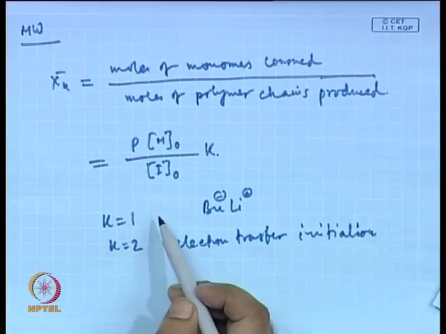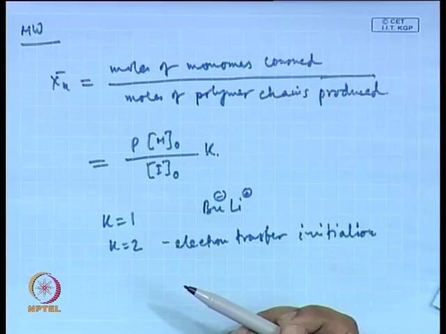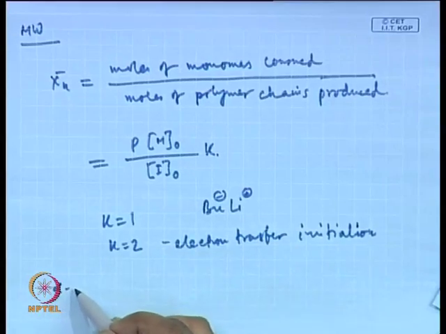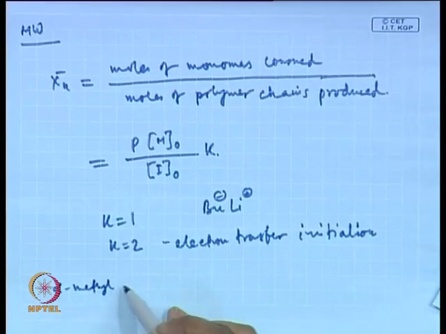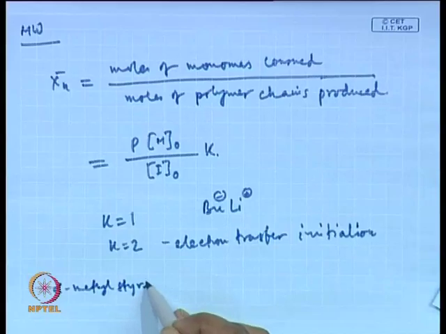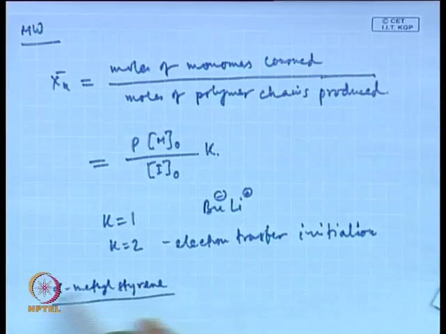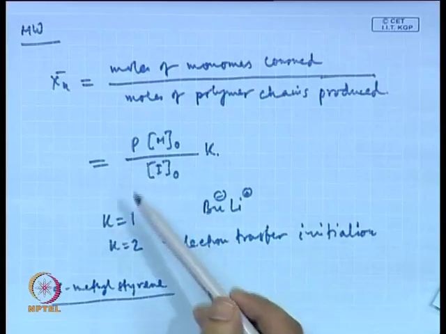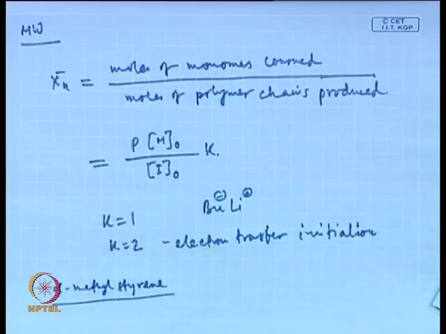Now, if you have monomers with a low ceiling temperature, like alpha methyl styrene, which are very few, then you cannot just use this as such; you have to consider the depolymerization reaction as well.